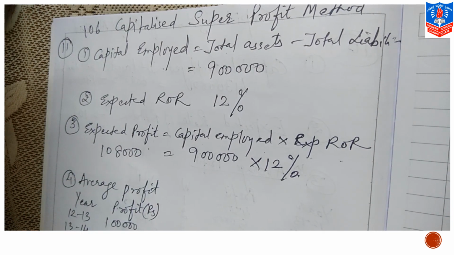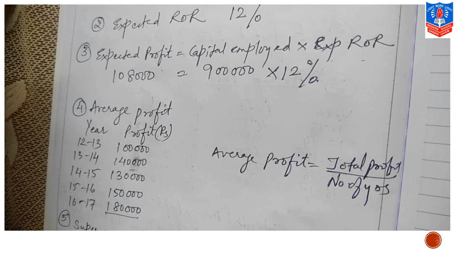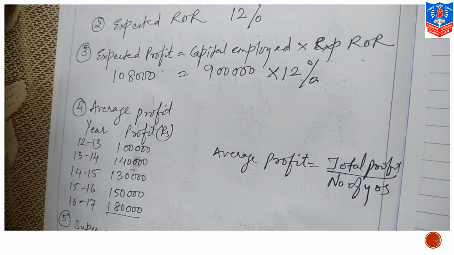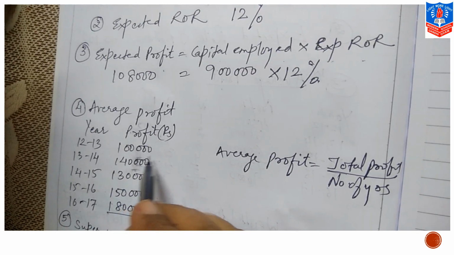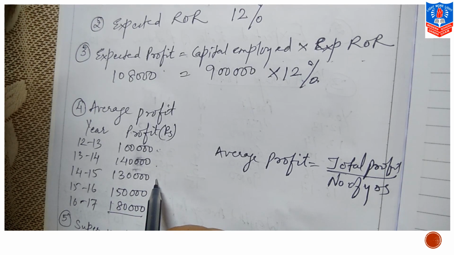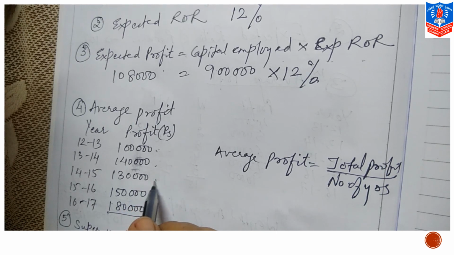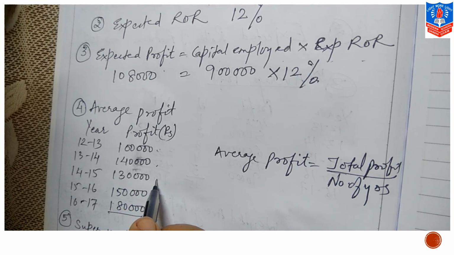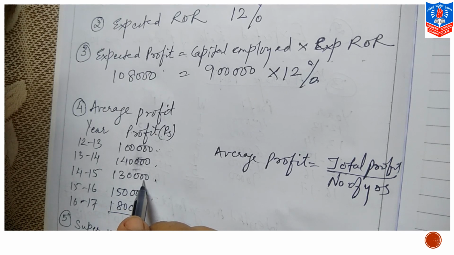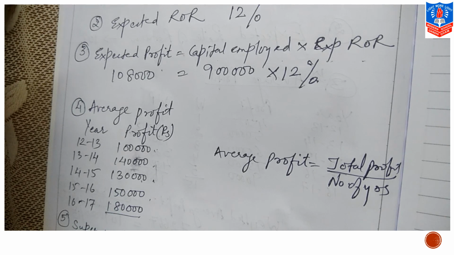That will be 9 lakhs multiplied by 12%, which gives you expected profit of 1,08,000. Now, if we further check step 4, average profit or weighted, we have to see from the information. If you check here, the profit is given to you 1 lakh, 1 lakh 40, 1 lakh 30, 1 lakh 50. So you can see here from 1 lakh 40 it drops down to 1 lakh 30. That means it shows a trend of increase, decrease, that is non-symmetrical.